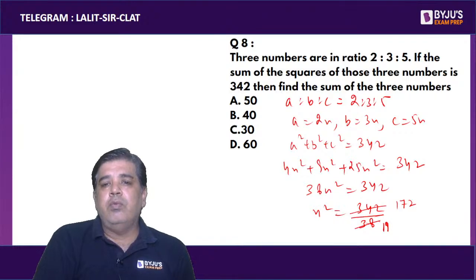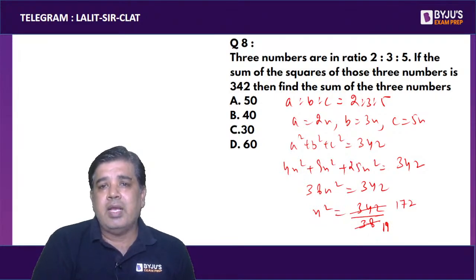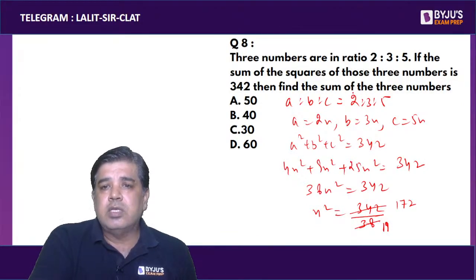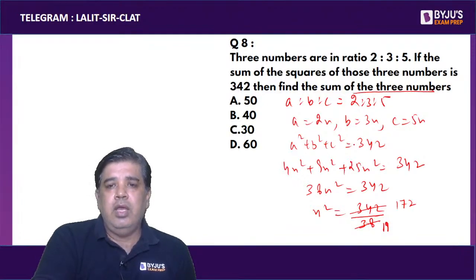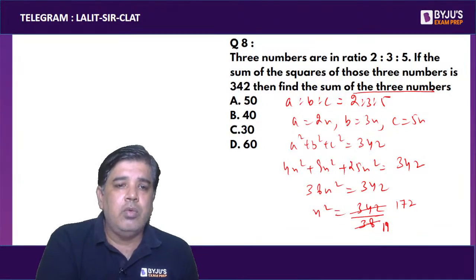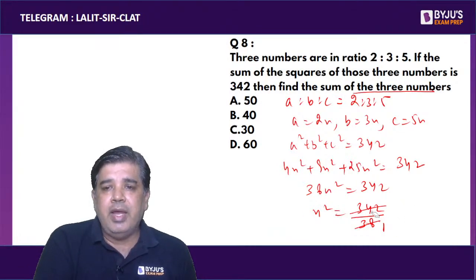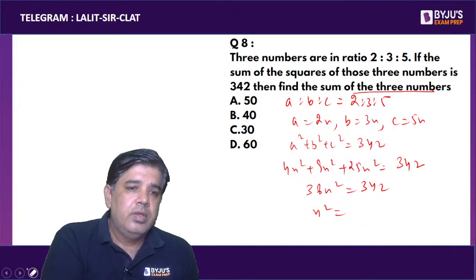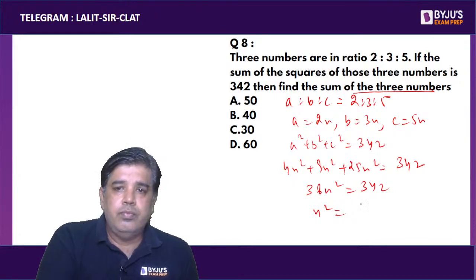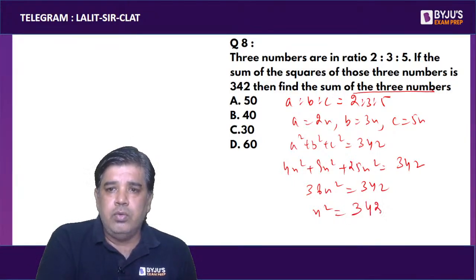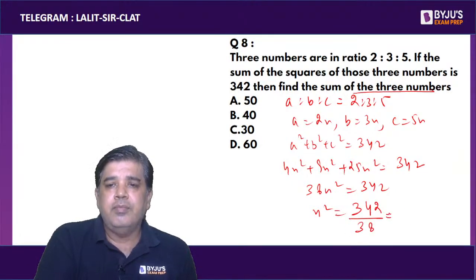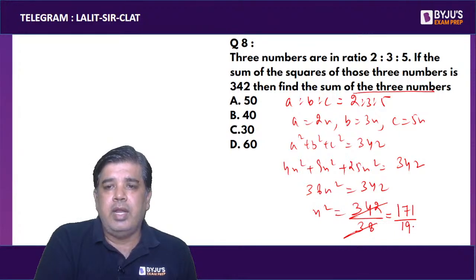So we need to find the value of x here, so that we can find the sum of the three numbers, right? Here we have x square equals 342 divided by 38, right? So 342 divided by 38, and cancel this out, and this is 19 into 9, right?